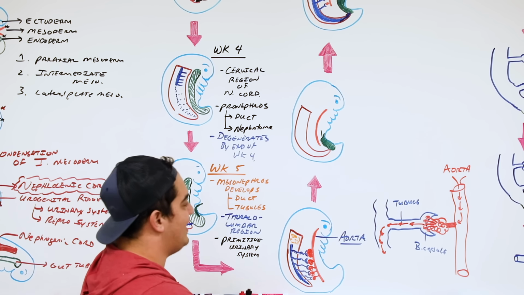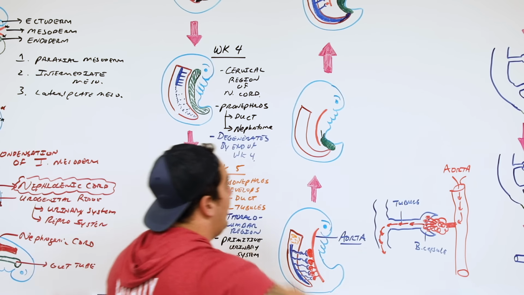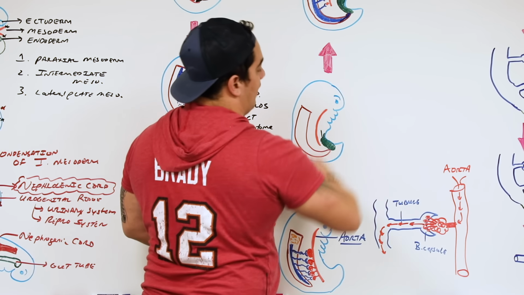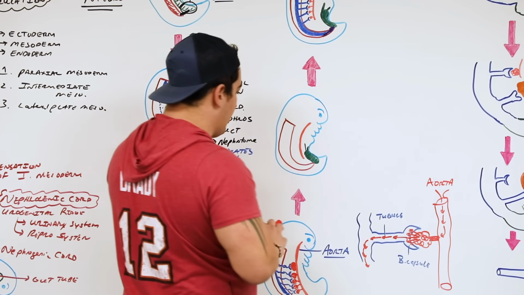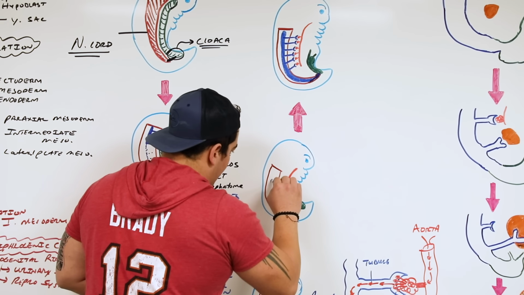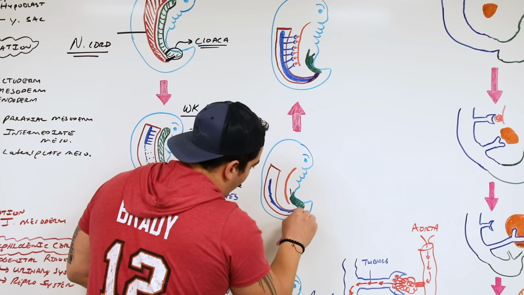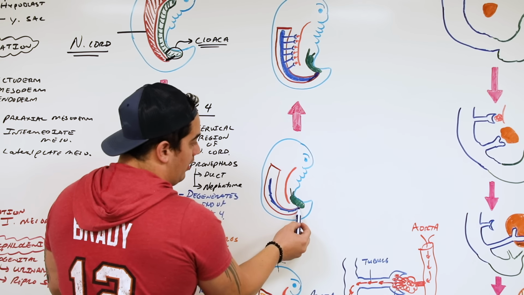So we've already started to see that process here. So now let's see it drain into the cloaca and then where that cloacal stuff goes to. Okay, so we go to this next part here. We have our mesonephros here, particularly the mesonephric duct, going to where? Connecting to the cloaca.